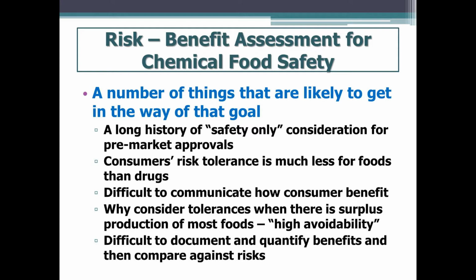And then the real issue here is, why consider tolerances when there's a surplus production of foods? You don't meet the concept called avoidability in terms of getting a risk-benefit analysis. And then finally, it's really difficult to quantify benefits and then compare them to risk.